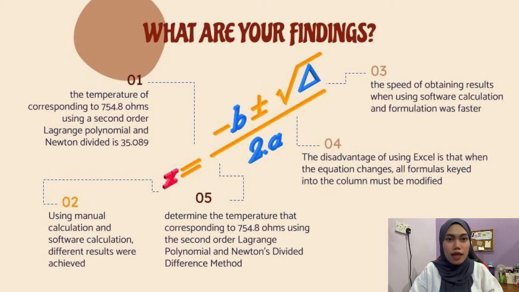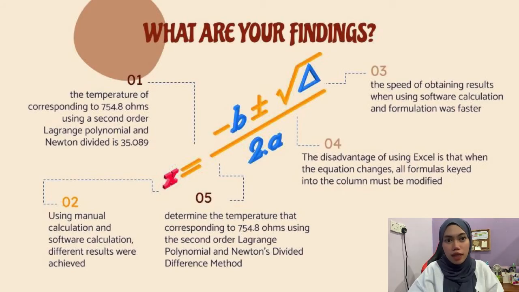Fourth, the advantage of using Excel is that when the equation changes, all formulas keyed into the column must be modified. Lastly, our finding is to determine the temperature corresponding to 754.8 ohm using the second order Lagrange polynomial and Newton divided difference method.